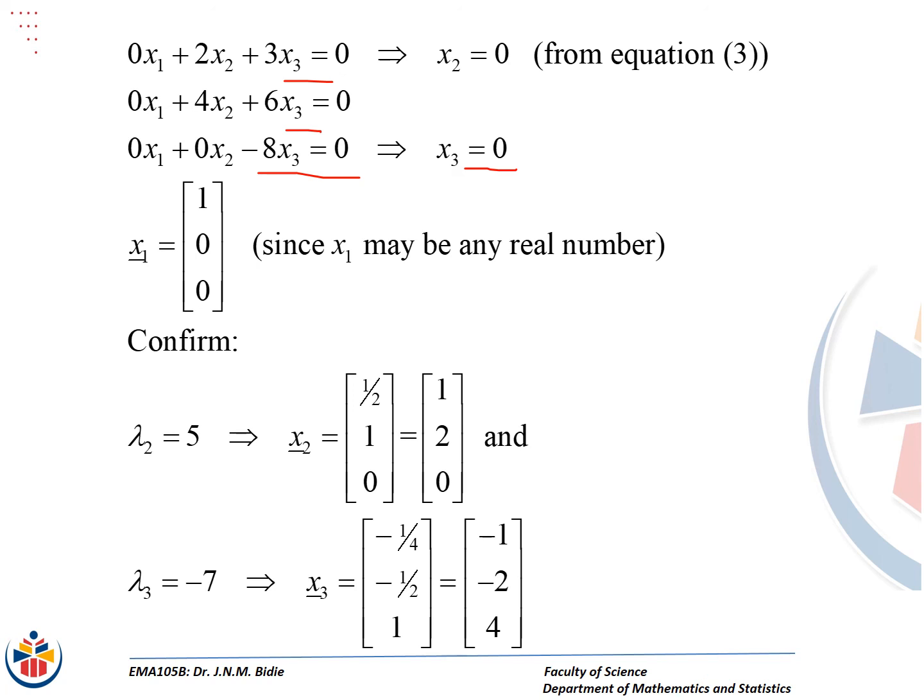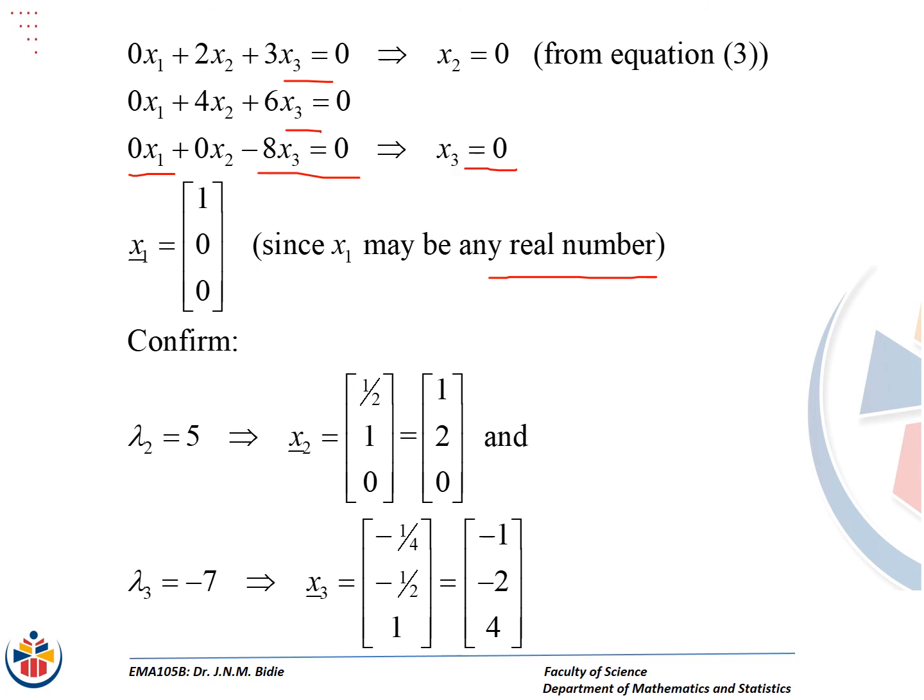And there is no way that we can calculate x1. All we know is that 0 times x1 in all three equations is equal to 0. That's all we know. But that does not mean that x1 is equal to 0. 0 multiplied by any value of x1 is equal to 0.